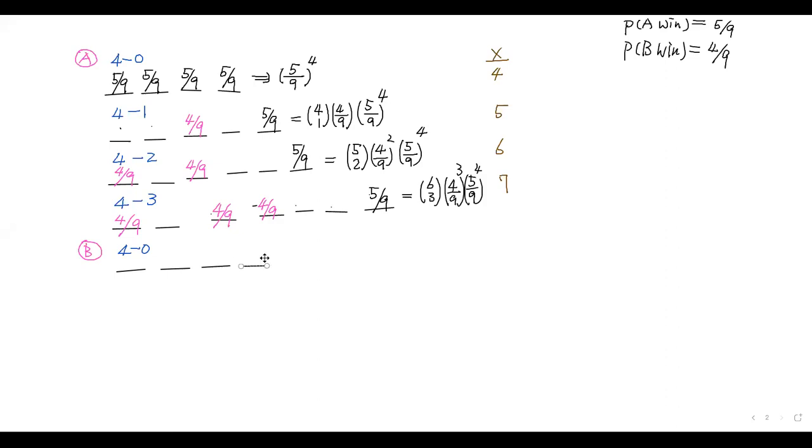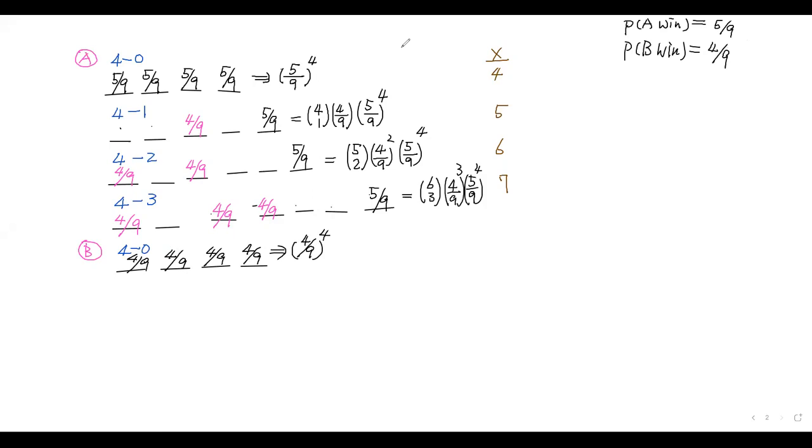All right. So here B is winning, but B's winning probability is 4/9. So this is 4/9, 4/9, 4/9, 4/9. All right. So what is the probability here? It's 4/9 to the what? The fourth power.